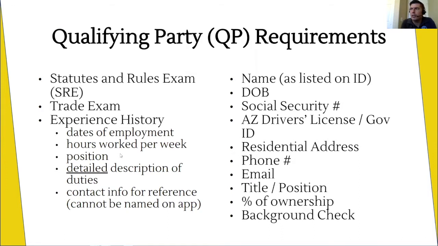Obviously, for general contractors, talk about the type of subcontractors that you managed, the type of projects that you completed, those sorts of things. The more details, the easier it is for us to understand that you know what you're talking about and the experience is therefore behind you. So all I can tell you is be as detailed as possible.